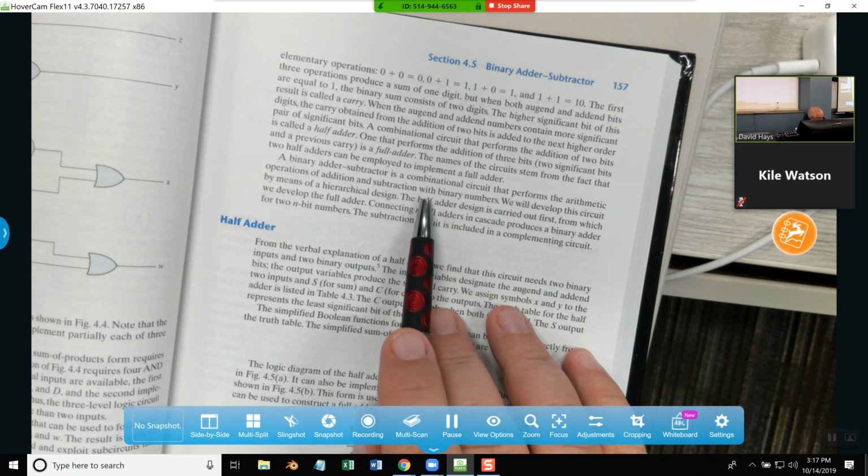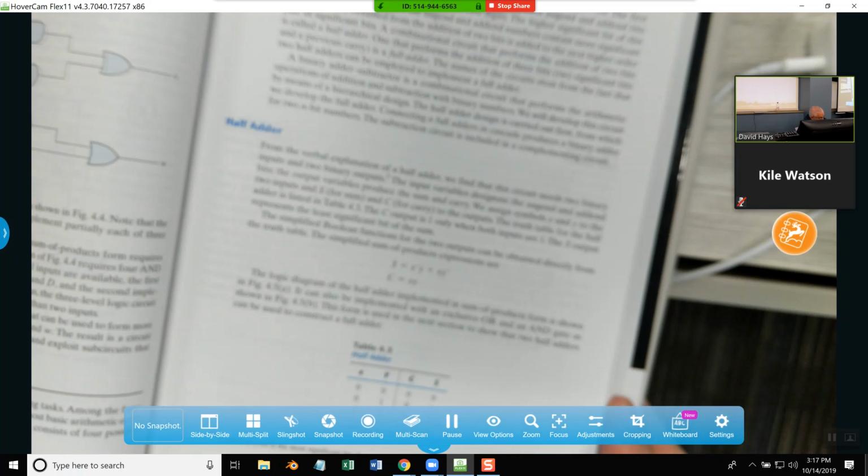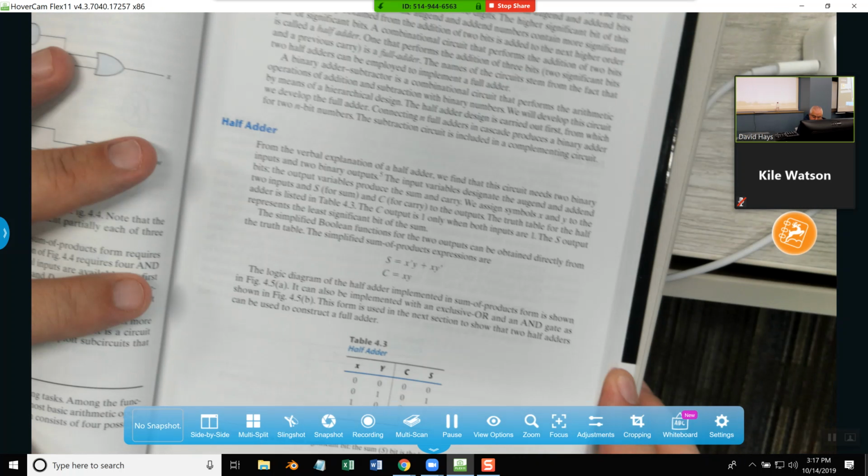Well, I'm not clever enough to see it. But the simplified Boolean functions for the last 2 outputs can be obtained directly from the truth table.